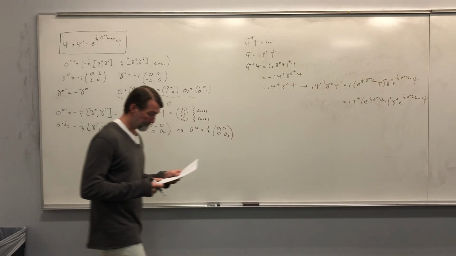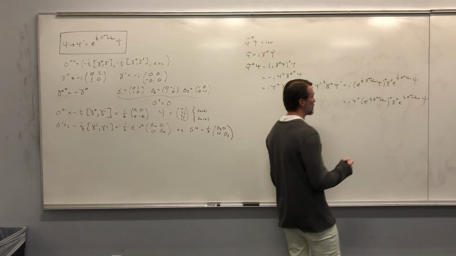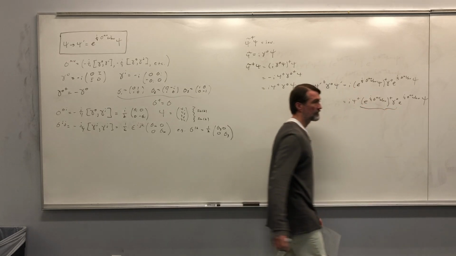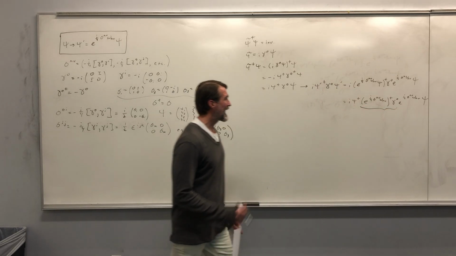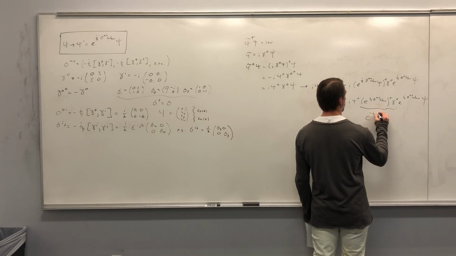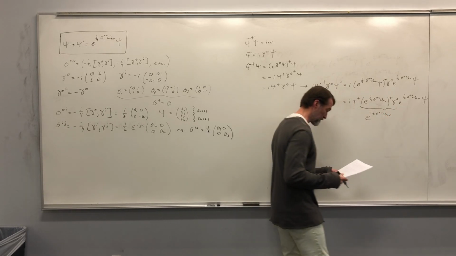Okay? And now here is the magic. This thing right here actually gives you e to the minus i over 4 sigma mu nu omega mu nu.